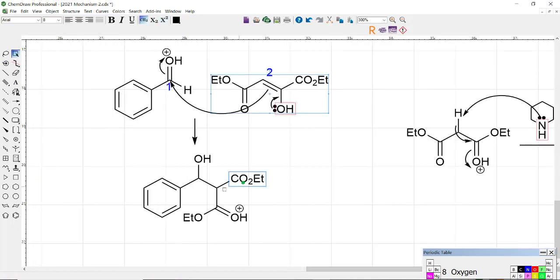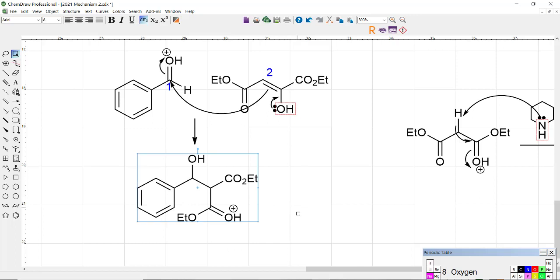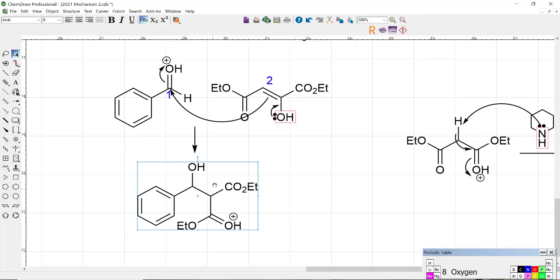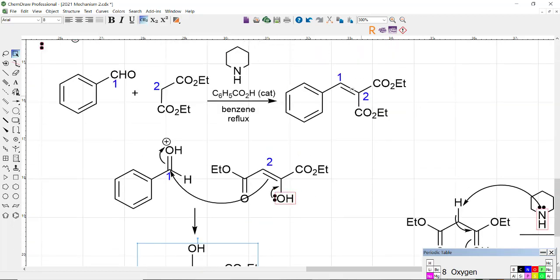And then when this happens, you're going to get an OH here. So what's going to happen next? Will there be intramolecular proton transfer? Most of the time when we reach here, it's very close to the answer.